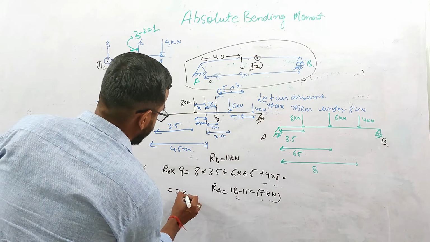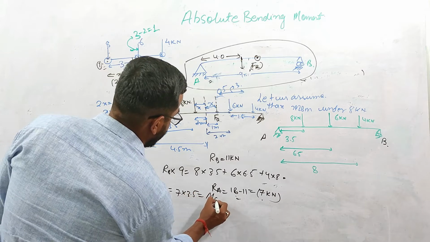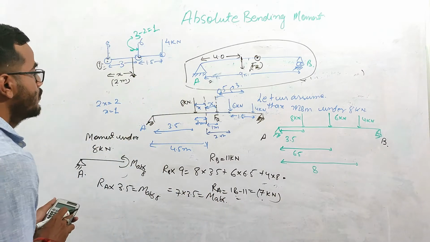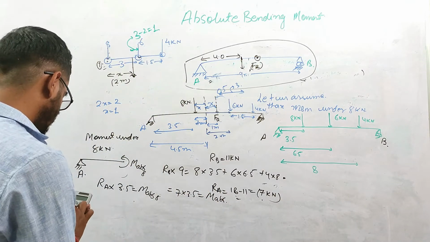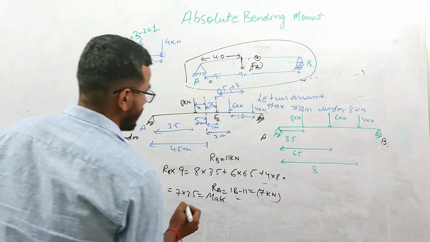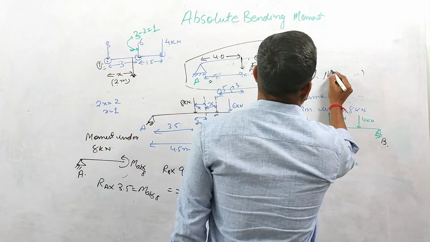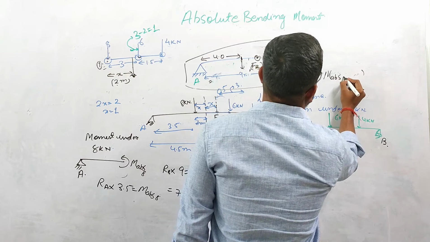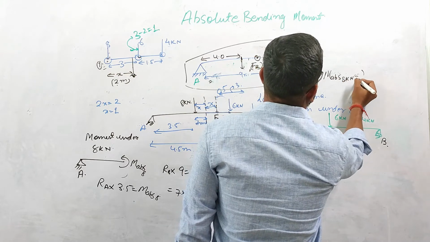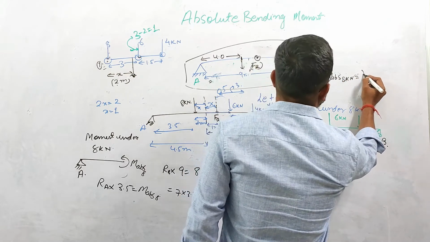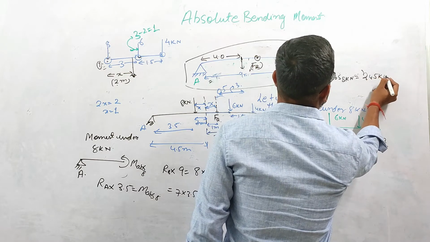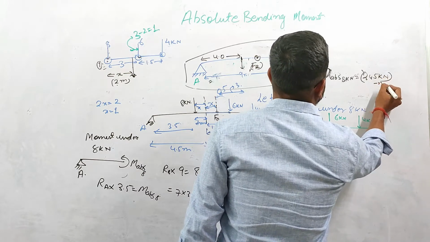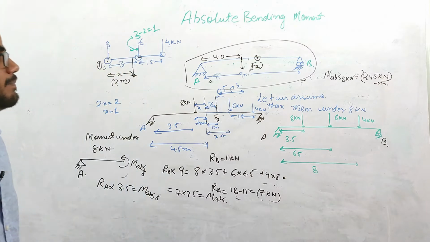RA is 7, so 7 into 3.5 equals M absolute, and the value comes out to be 24.5 kilonewton meter.